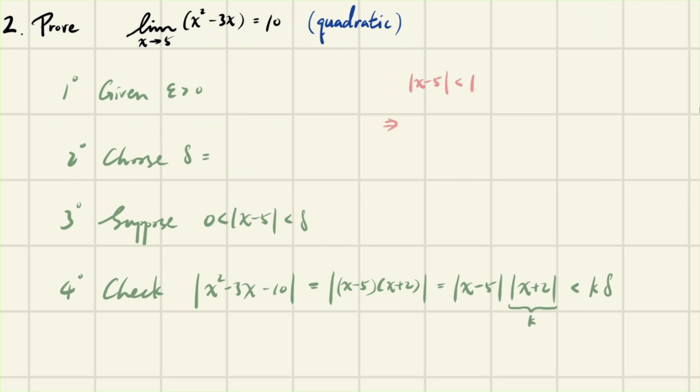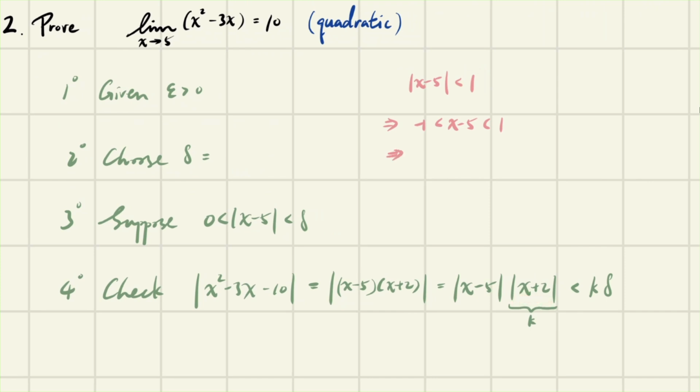You can choose 0.1, you can choose 2, you can choose 0.001, but for convenience, let's just write 1. So our x minus 5 is between -1 and 1, and we want to find x plus 2.